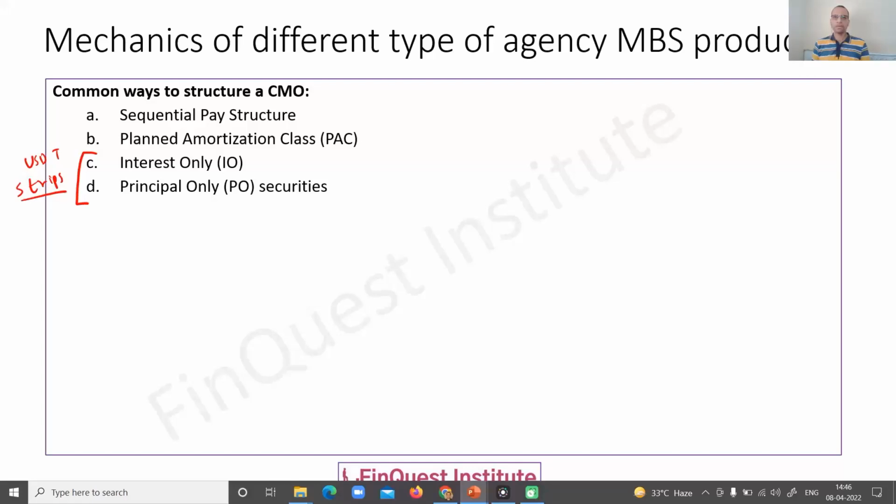That is, you can have interest only and principal only strips which get created, and that's an avenue which investors can explore. So something similar happens here as well. We take a security and we strip that security into interest and principal only type of securities, and that is something which is offered to market participants. So more about IO and PO securities will be covered.